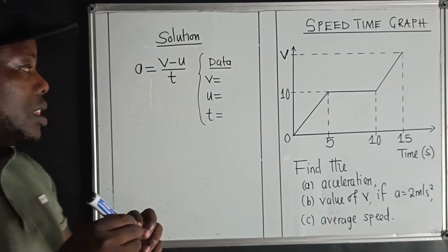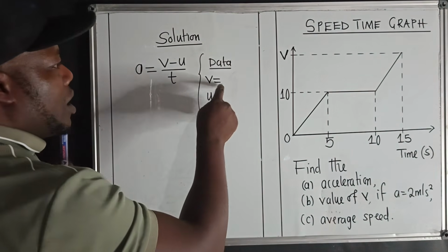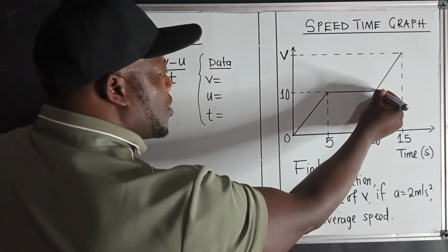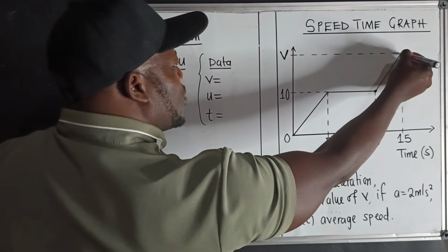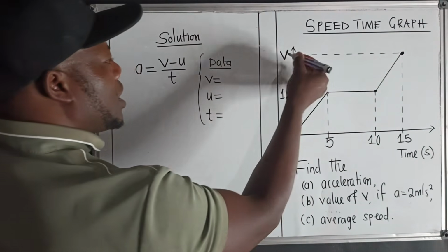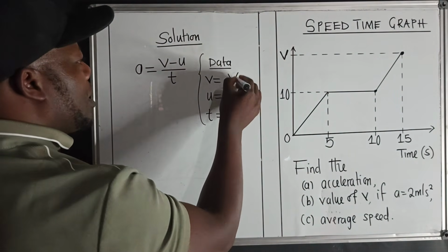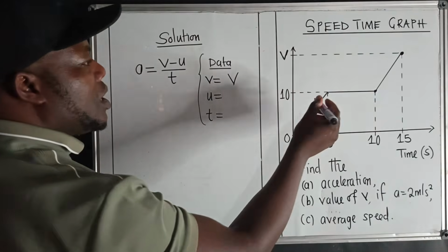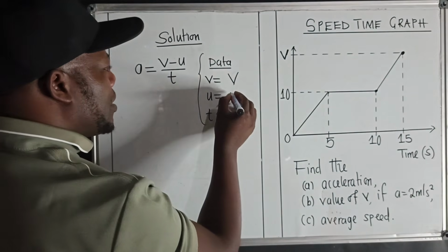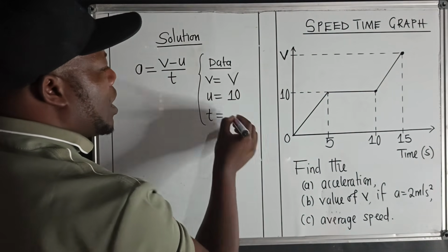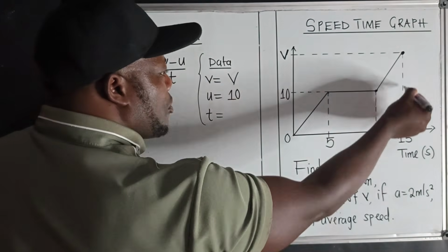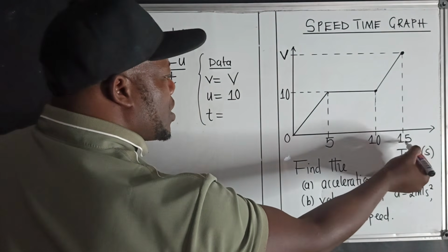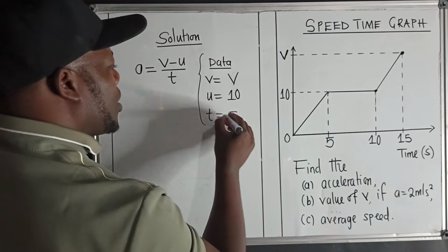Let's check this. It started accelerating right over from here and ended accelerating right here. Where it ended, that's V, the final velocity. Where it started here, it's 10. The time between 10 and 15 is 15 minus 10, which gives us 5.